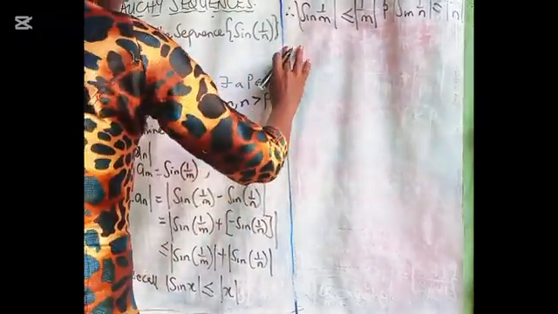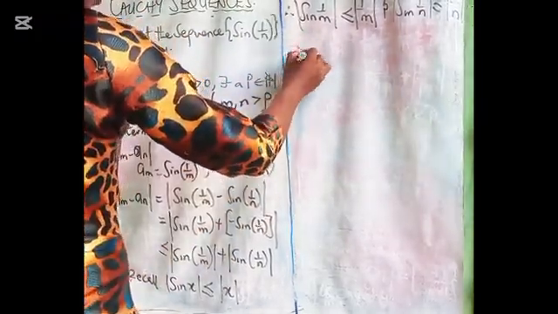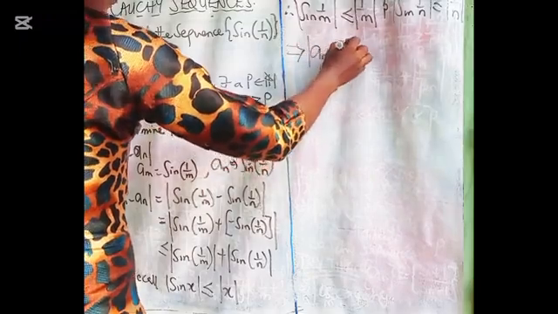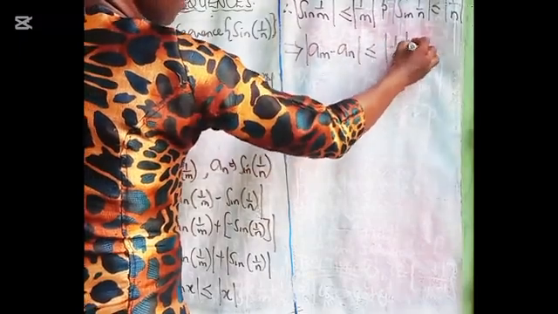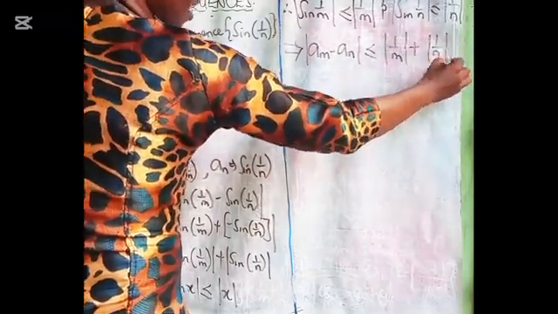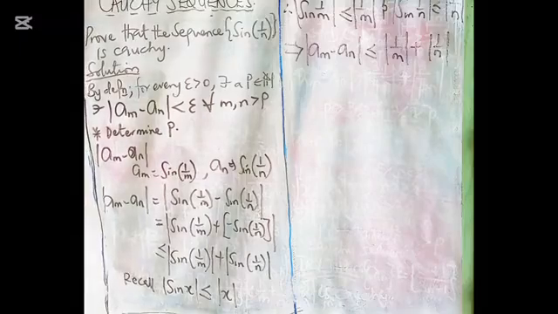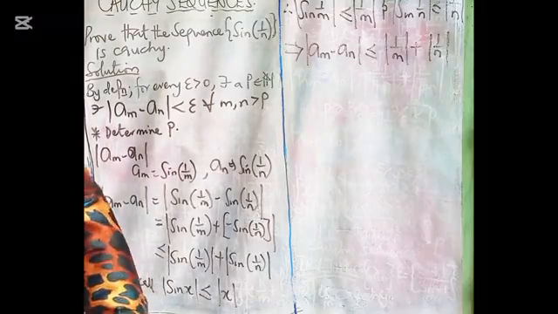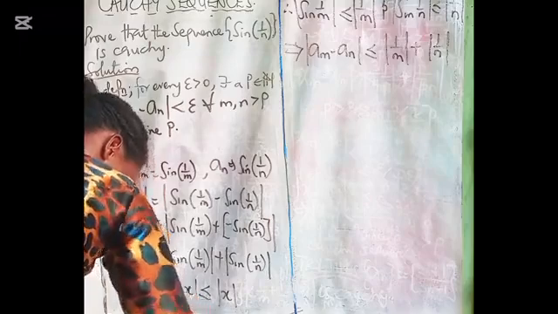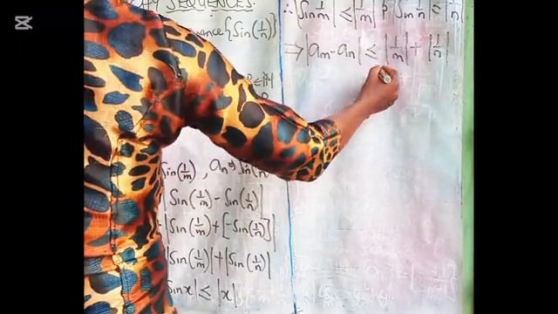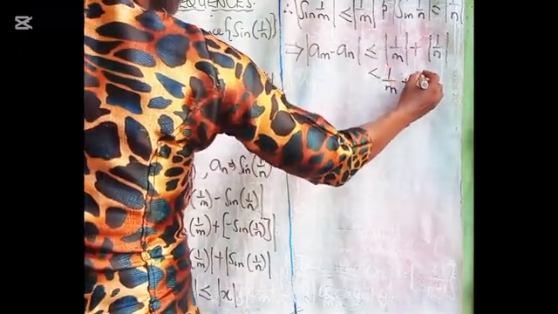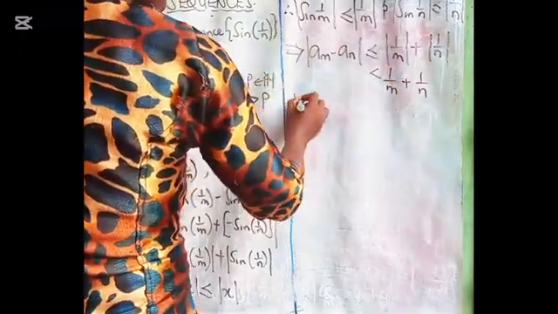That implies that the absolute value of a sub m minus a sub n is less than or equal to the absolute value of 1 over m plus the absolute value of 1 over n. And so this is less than 1 over m plus 1 over n.